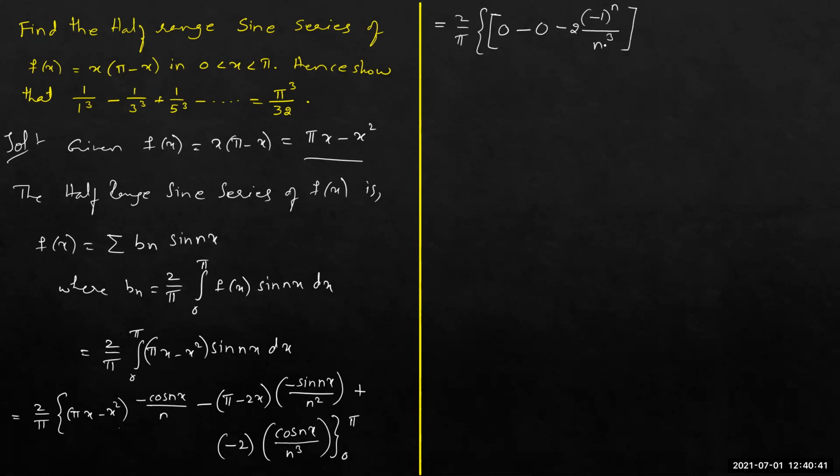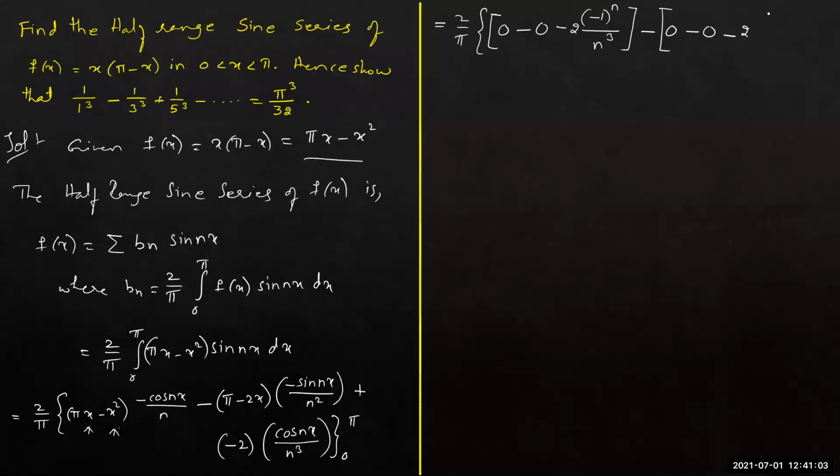So this much you will get for the upper limit pi, minus, now if you take the lower limit, x equals 0. We have x and x square here. When you take x equal to 0, you'll get 0, and 0 into something, the first term is 0. The second term is obviously 0. And in the third term, minus 2 into, when you take x equals 0, it becomes cos 0.